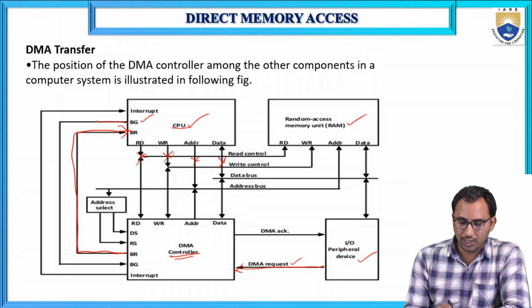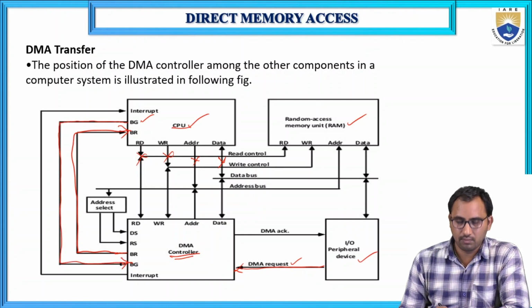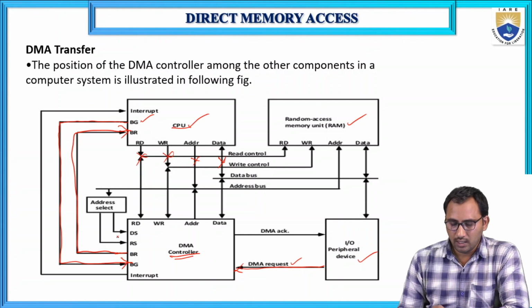So the CPU will issue a bus grant signal to the DMA controller. That means the CPU has granted the permission to take control of all the buses.